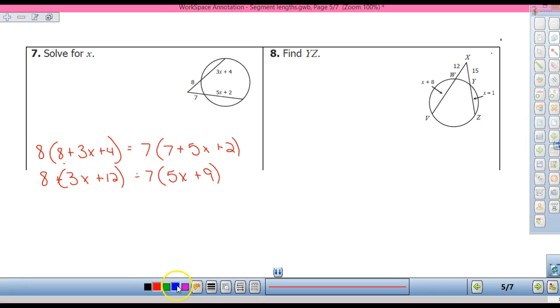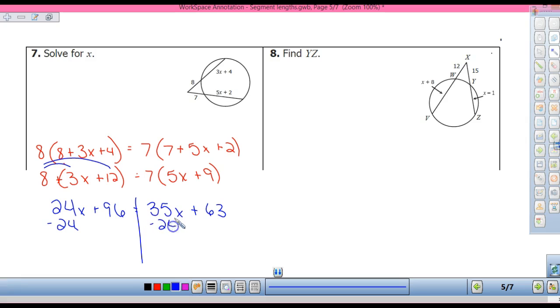Okay, so now we can distribute. 24x plus 96 equals 35x plus 63. Okay, subtract my 24x. 96 equals 11x plus 63.